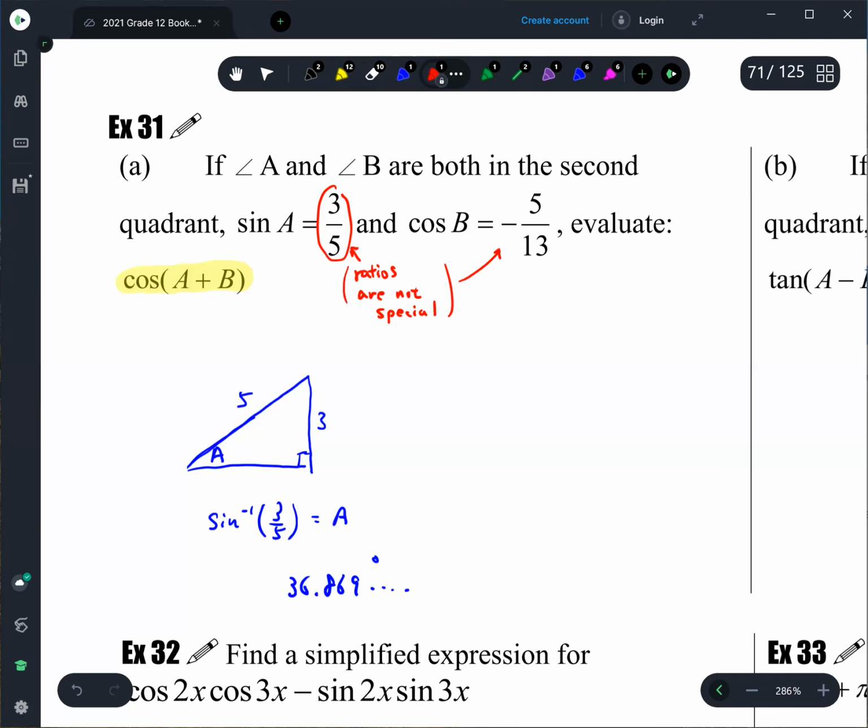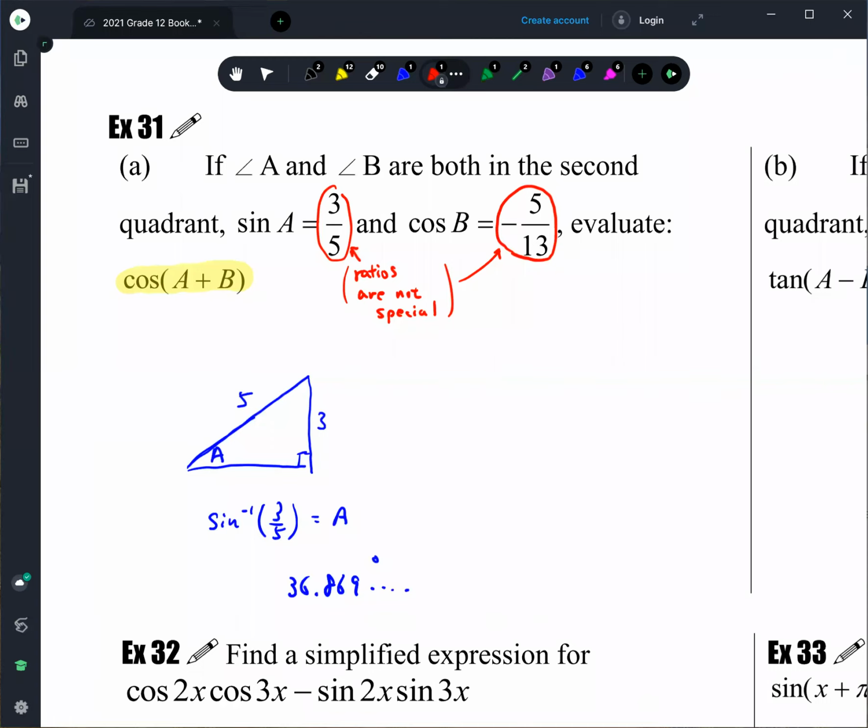Same with this one. So even if we find the angles, I still cannot use it, because our goal is to find the exact value for A plus B. So this is telling us we don't need to find the angle, because even if we find it, we can't use it.